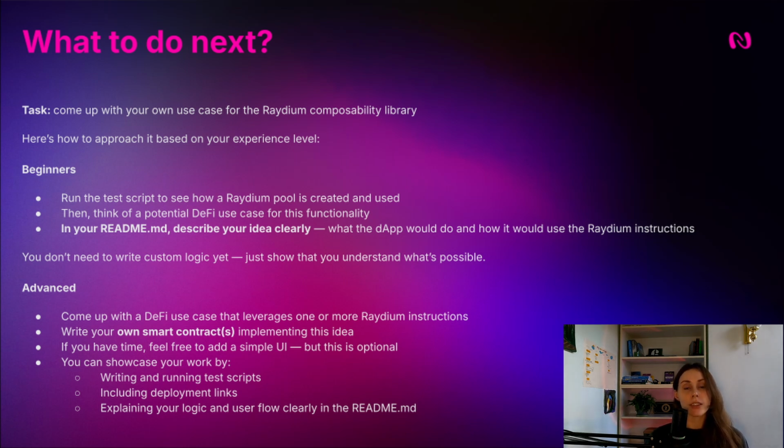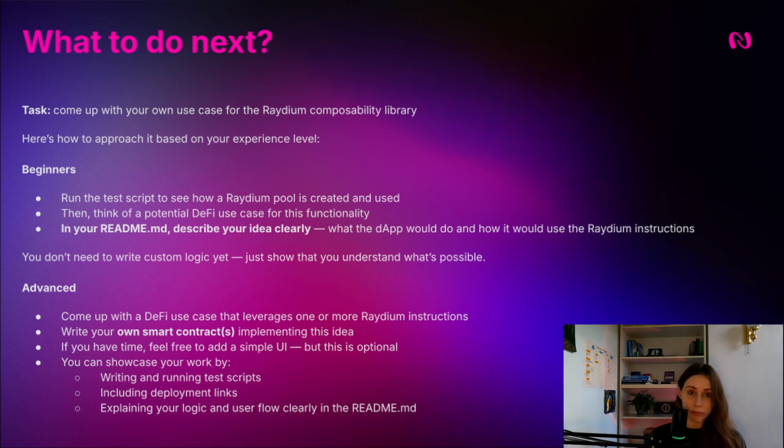Then think of a potential DeFi use case for the functionality you see in the test script, and in your README file describe your idea very clearly: what the dApp would do, how it would use the Raydium instructions, and basically what the idea behind this is. You don't need to create custom logic, just show that you understand what's possible using this library.